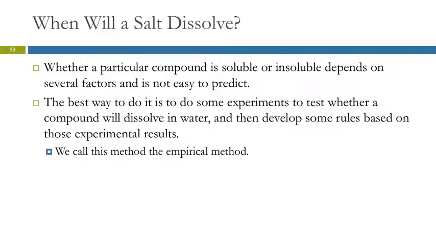Did it dissolve? Yeah, it did. This one didn't. And so they tested all these different things, and then they tried to look for patterns, so that we could predict what's going to happen when we put something in water. This is an empirical method of predicting solubility. So they developed a set of rules.